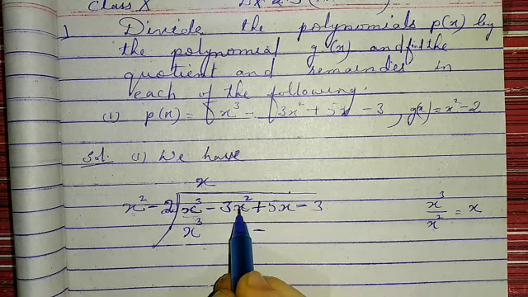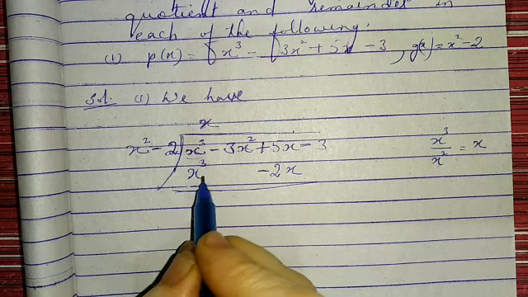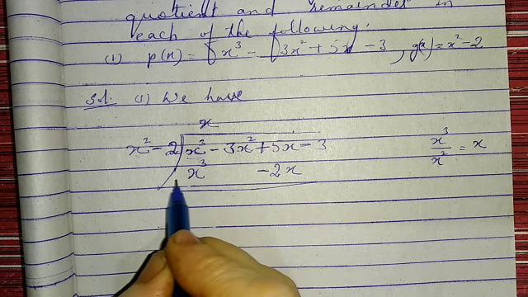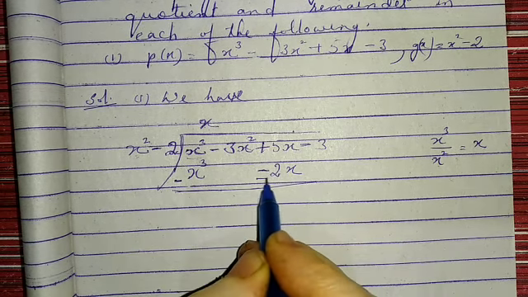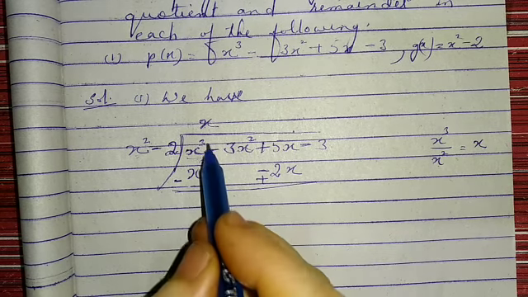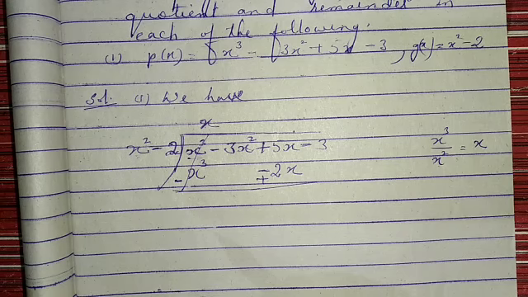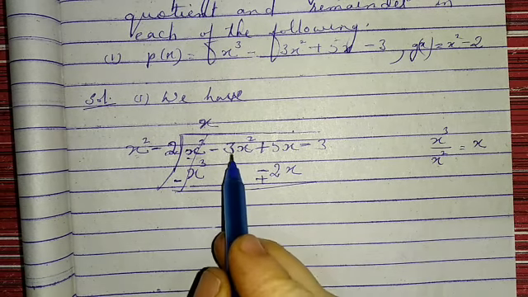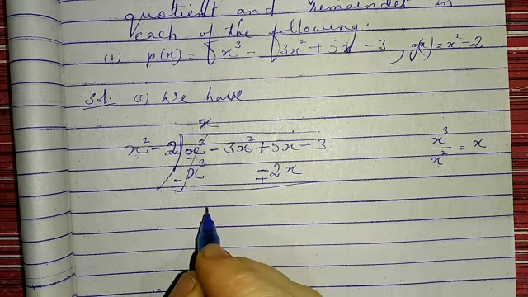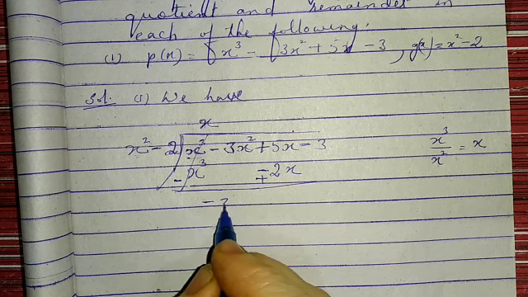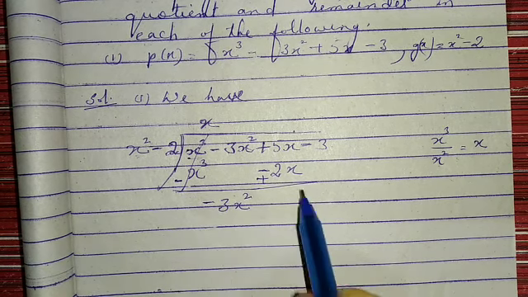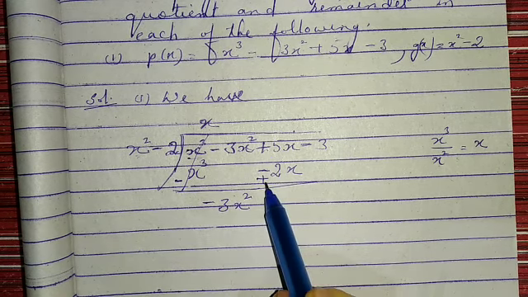Now subtract. If you subtract, then its sign must be changed. This is plus, so it will be minus. This is minus, so it will be plus. So x cube minus x cube will cancel. This term will become 0. And minus 3x square is left, and here it is plus 5x and minus 2x.